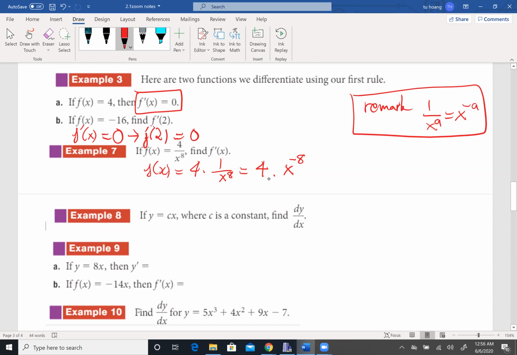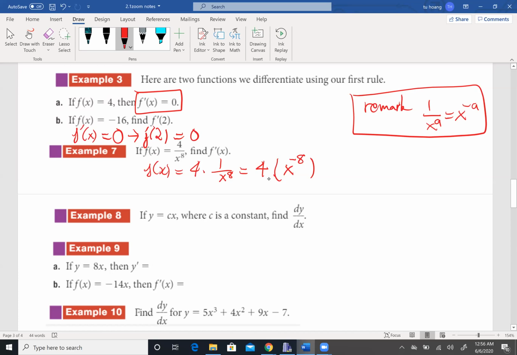Now that I have this, I can apply f'(x). Here I have 4 times a function, right?